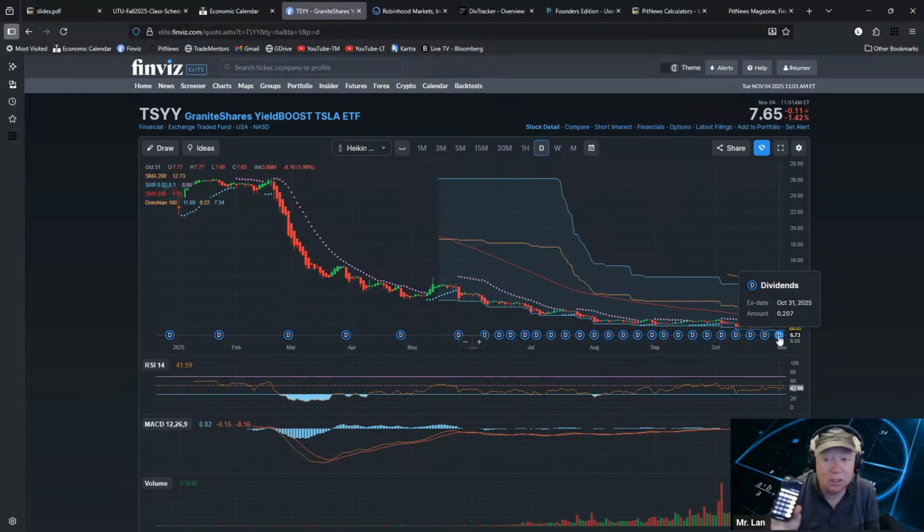So your $10,000, 1,307 shares, and you're going to multiply it by 20 cents, times 0.20. That's $261. Remember, the others were doing like $20 or $30. This is $261, and it's every week, not every quarter.